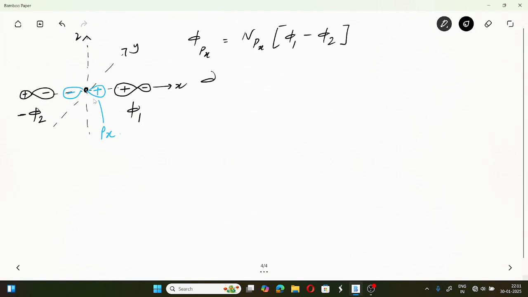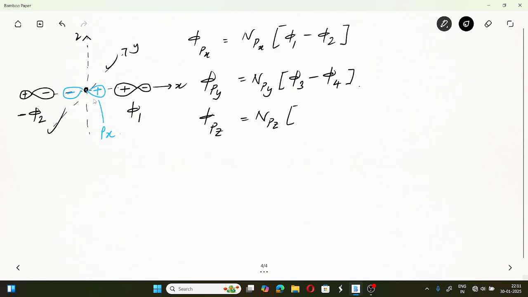In a similar way, phi py should be n py into, look, along the y axis, phi 3 minus phi 4, and phi pz is n pz into, look, along the z axis, phi 5 minus phi 6.